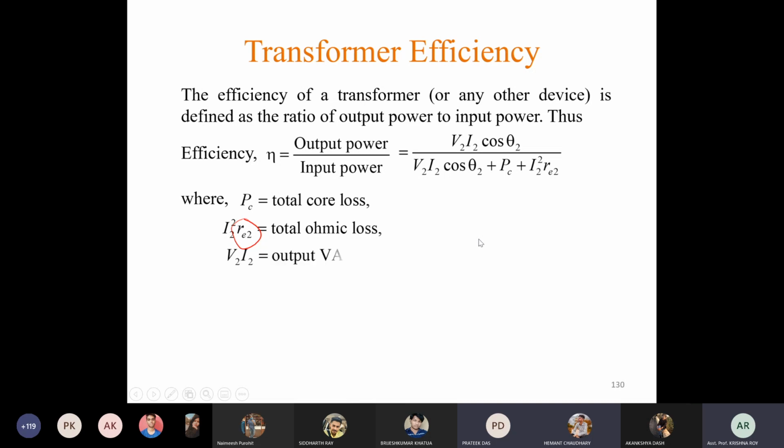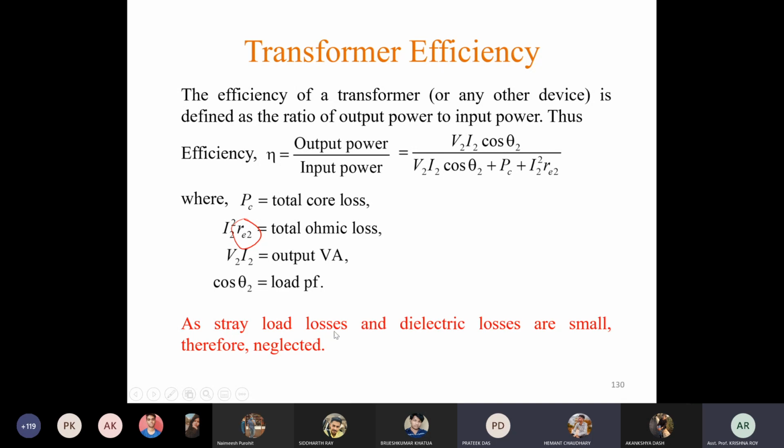V2I2 is the output volt ampere, which is given on the nameplate of the machine, and cos theta 2 is equal to the load power factor. The load power factor has to be given, then we will be able to calculate efficiency using this formula.